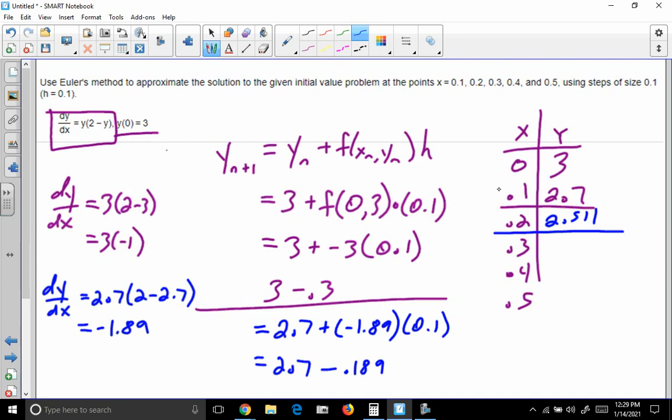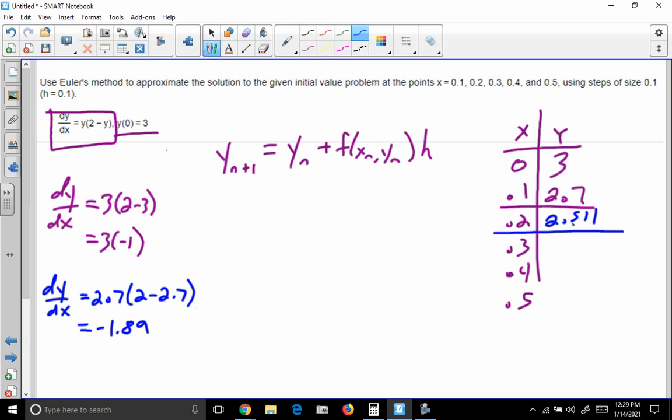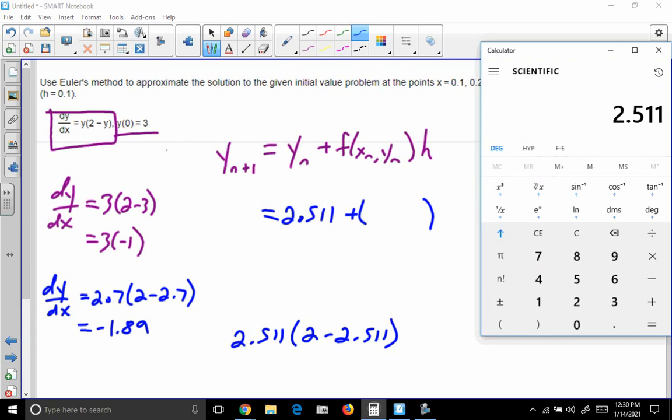So from the second point, using the slope at that second point, that would get us to the third point. And then we just keep going through this. To get to the next point, we're currently at a y value of 2.511. Find the slope at that point by plugging that into the differential equation. So we have a y value of 2.511, times 2 minus that y value.